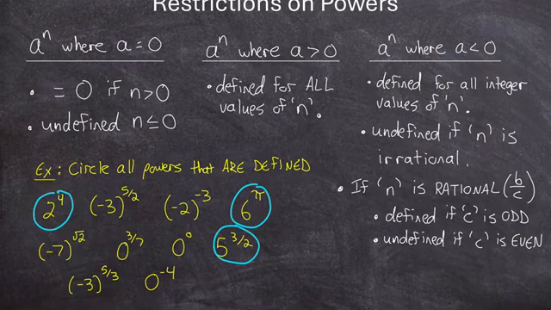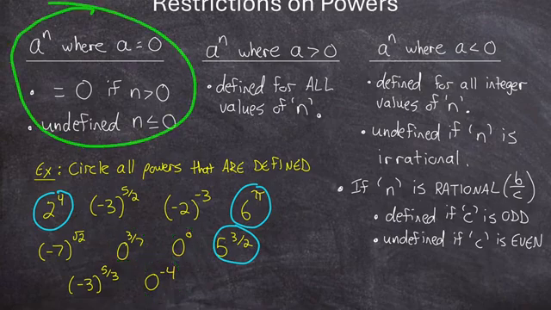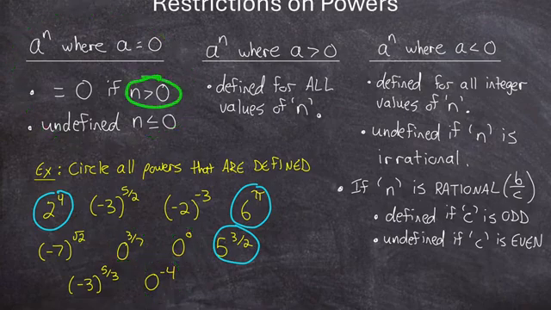And now let's look at the 3 powers that have bases of 0. If the base is 0, I know it's going to be defined if the exponent is greater than 0. So that's only this one right here, 0 to the power of 3 over 7. That will be defined. But 0 to the power of 0 and 0 to the power of -4 are both undefined.